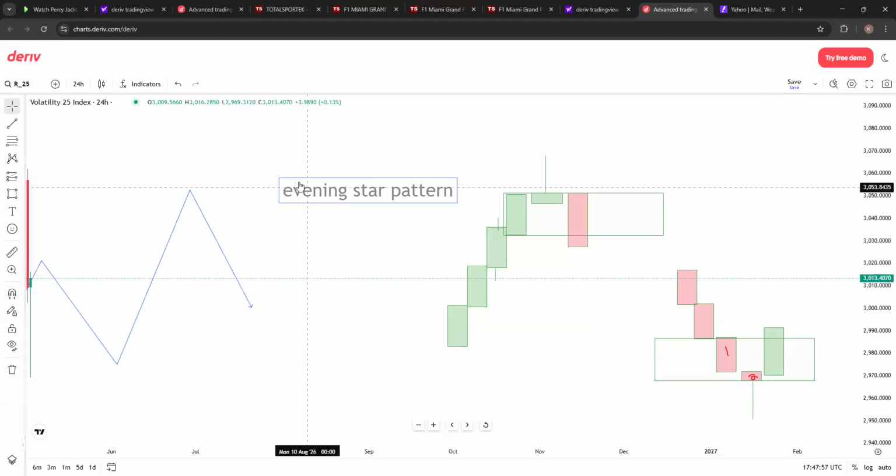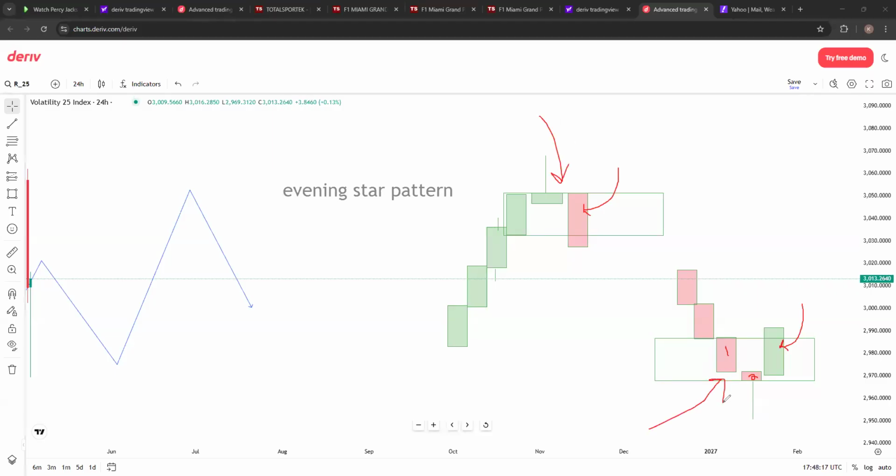The candlestick that closes above the box, we call it a confirmation candle, just as much as this red one is also a confirmation candle. This confirms that a high has been made here, and this confirms that a low has been made.